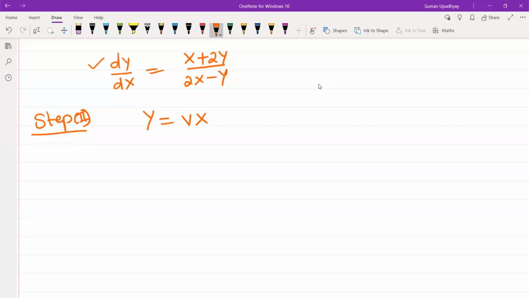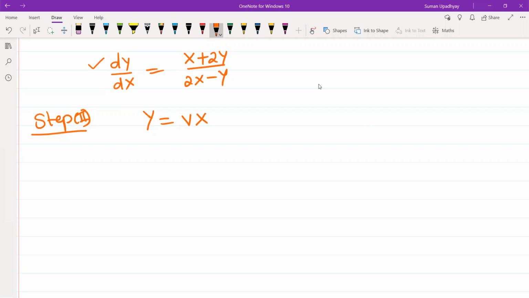Just a second, students. Okay, so I'm taking the substitution Y equals VX to convert my homogeneous into variable separable form.